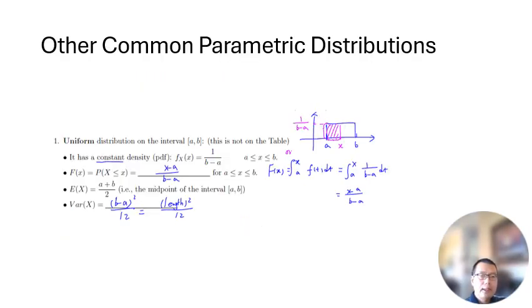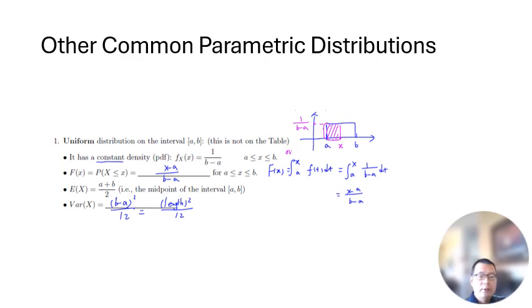Now let's review some other common parametric distributions. First one is the simplest one. It's the uniform distribution on the interval a and b. So it means the random variable will fall between a and b evenly, which has a constant density f(x) equal to 1 over b minus a.